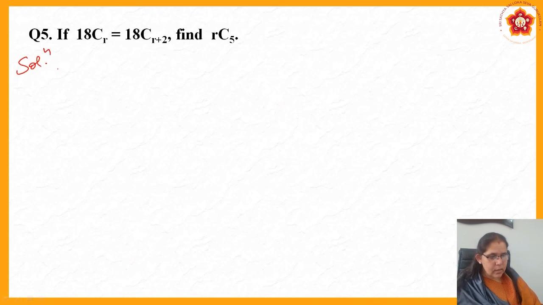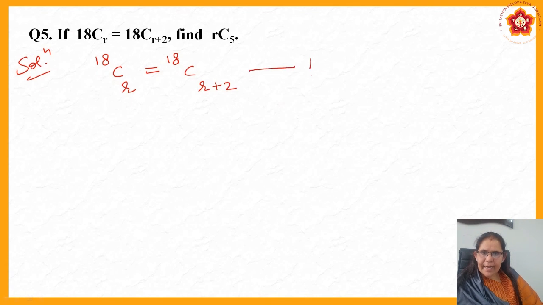On the same lines, question number 5 can be done. We are given 18CR is equal to 18CR plus 2. This is equation 1. Directly we cannot just write R is equal to R plus 2. If we write down R is equal to R plus 2, what will happen? R gets cancelled.